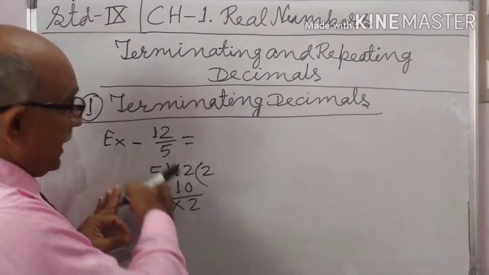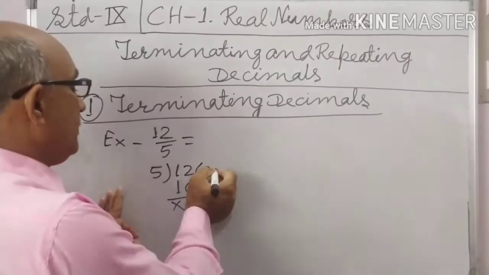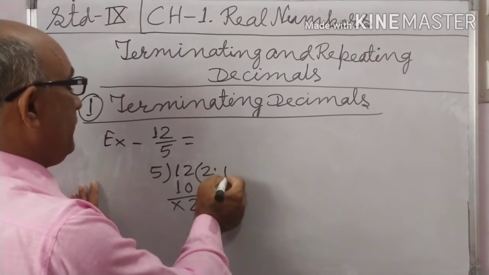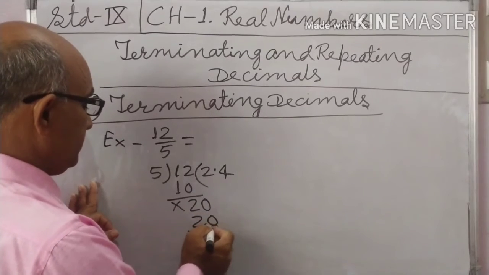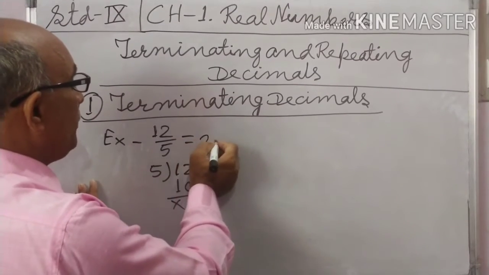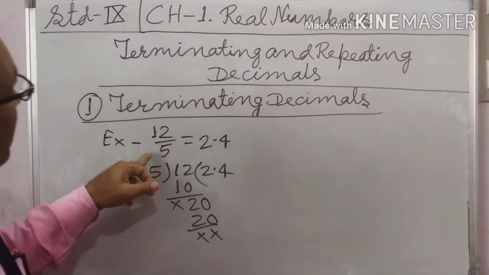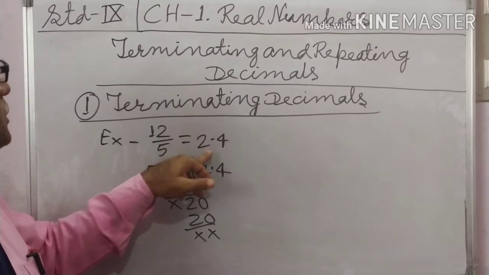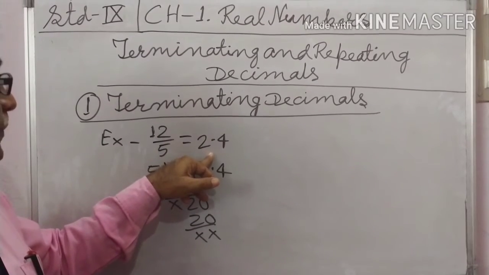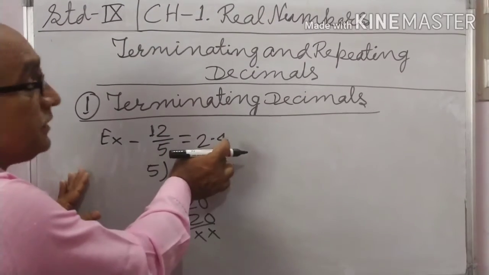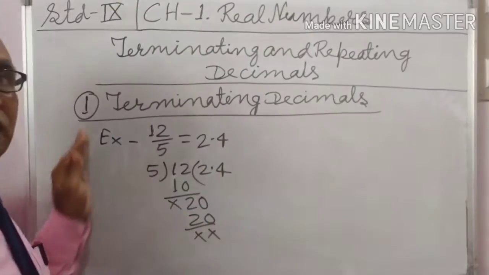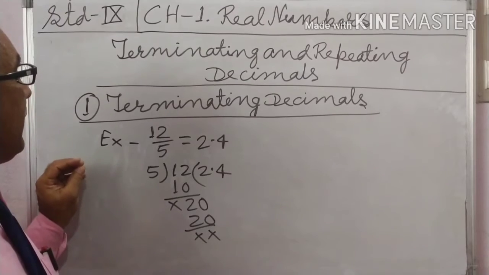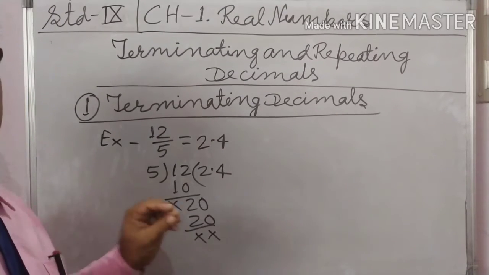Now 2 is less than 5, so put a decimal in the quotient. 0, 5 fours are 20. So 2.4. 12 by 5 is a rational number; its decimal representation is 2.4. 2.4 is a terminating decimal because after 4 the decimal expression comes to an end.